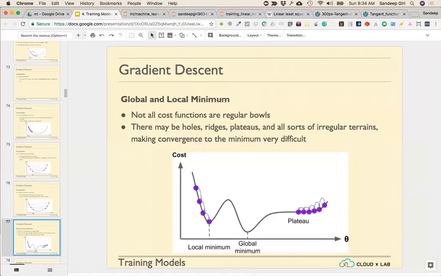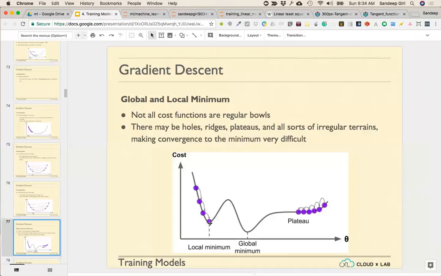Now, not all cost functions have a single convex point. There could be functions which have multiple lower points. There could be holes, ridges, plateaus, and all sorts of irregular terrains, making convergence really difficult. Sometimes when you have this kind of situation, the initial point where you are starting from matters a lot. Let's say we are starting here.